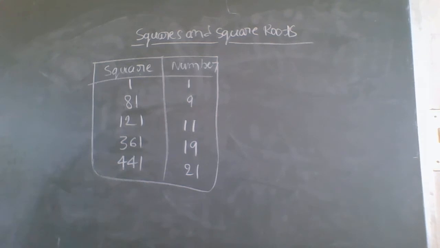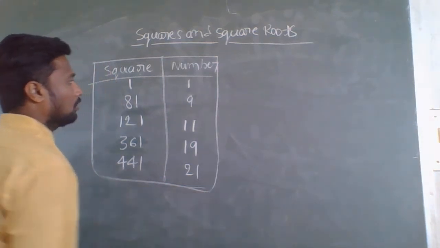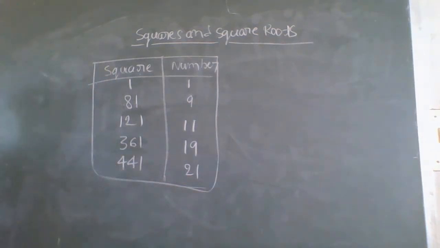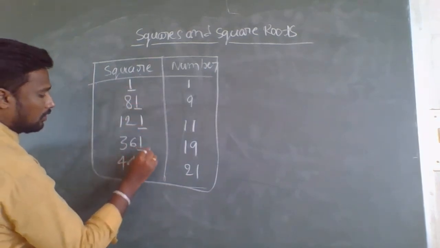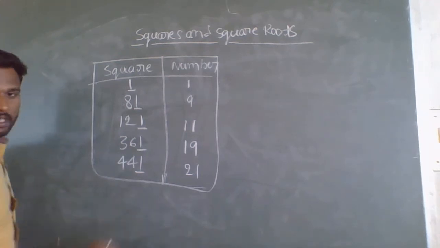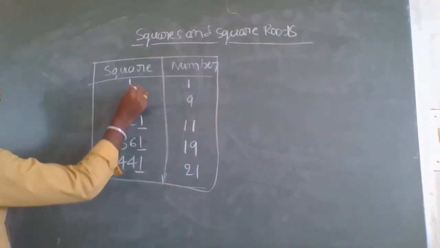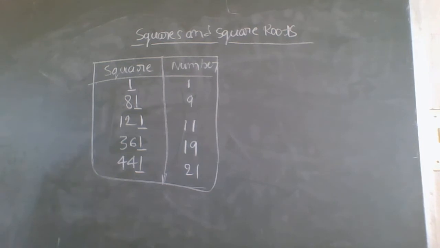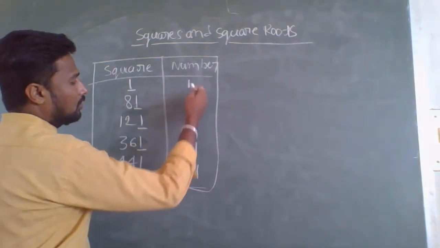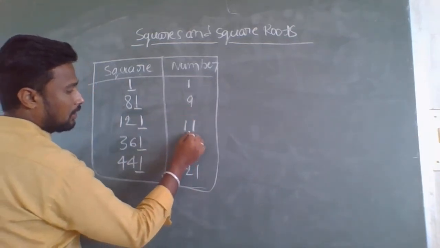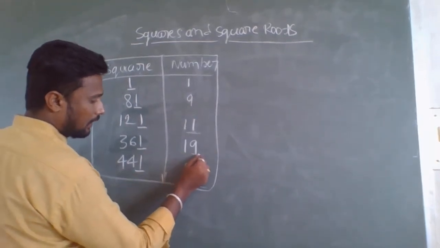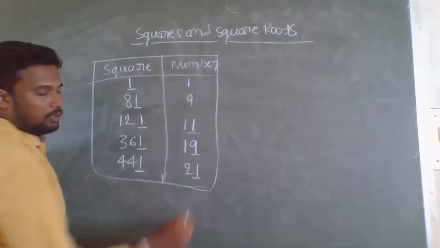So now by observing this, what can we know? This is the list of numbers and square numbers. Here the unit place or ones place of the square number is 1 when the number ends with 1 or 9. Here it is 1 and here it is 9, at the unit place it is 1, again it is 9, and again 1.